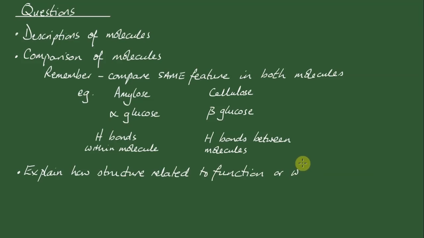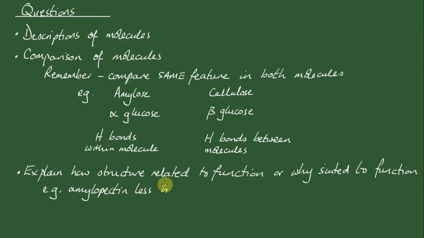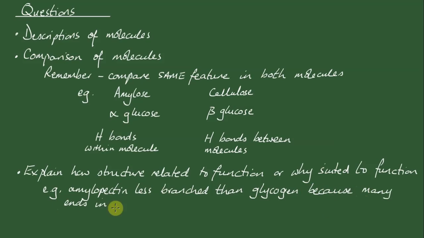Another type of question might be to explain how structure is related to its function. This is why I have laid out the structure and function parts of this video the way I have. I have lifted them from the mark scheme. So I've named the property and I have explained why it helps the overall function of the molecule.